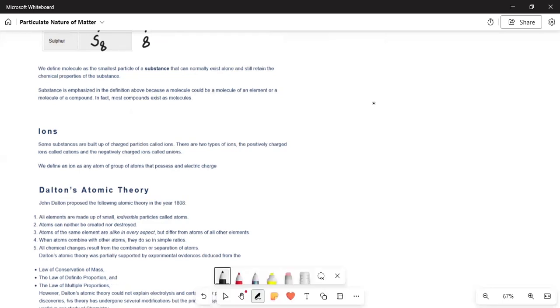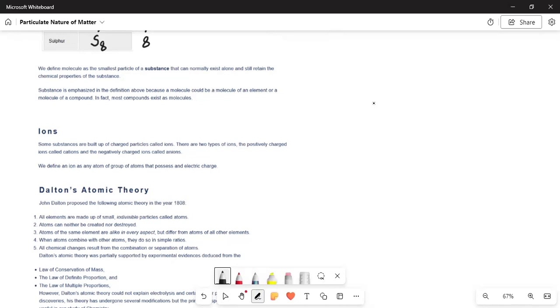So to recap, an atom is the smallest particle of an element that can exist and still retain the properties of that element. While a molecule is the smallest particle of a substance. The substance could be an element, could be a compound, but some elements exist as molecules, while others can exist as a single atom.